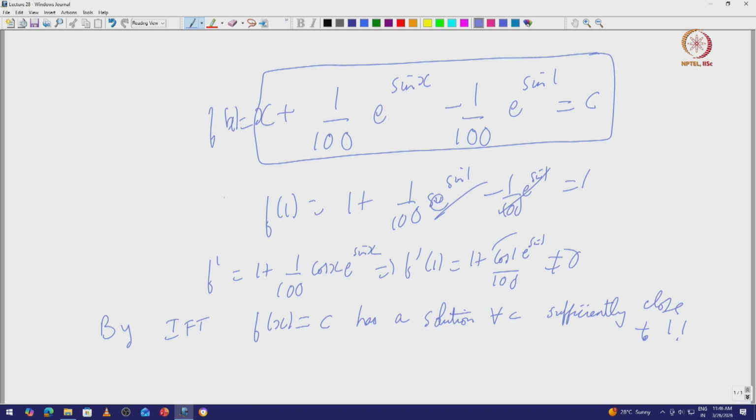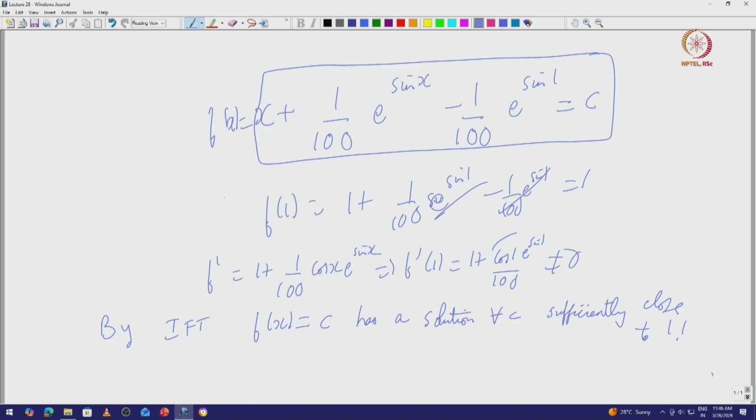Of course, if c is 1, you have a solution, f of 1 is 1. But in general, it's not clear if you can solve it. The inverse function theorem says that if c is sufficiently close to 1, then this equation does have a solution. It says a little bit more than that, but at the very least, you can solve an equation if you perturb the right hand side a bit under some circumstances.